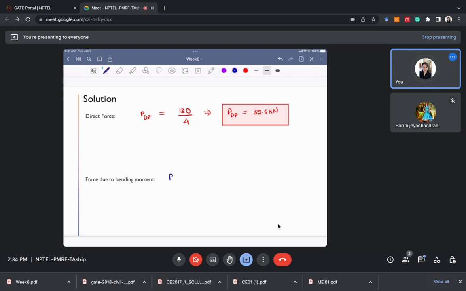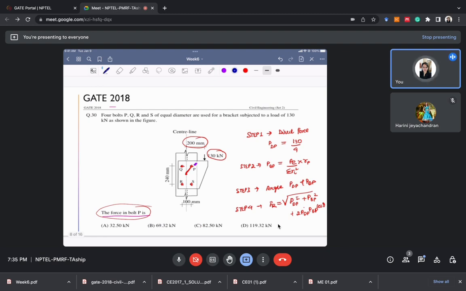Second step is force due to bending moment calculation. PBP is equal to PE divided by summation of Ri square into Rp. What is the value of P? That is the applied load, 130. What is the value of E? The eccentricity is given as 200 mm.